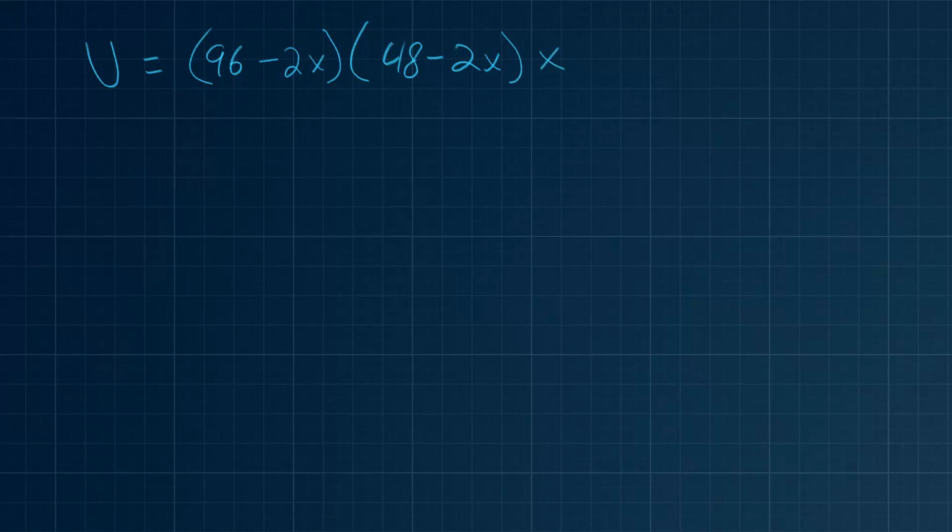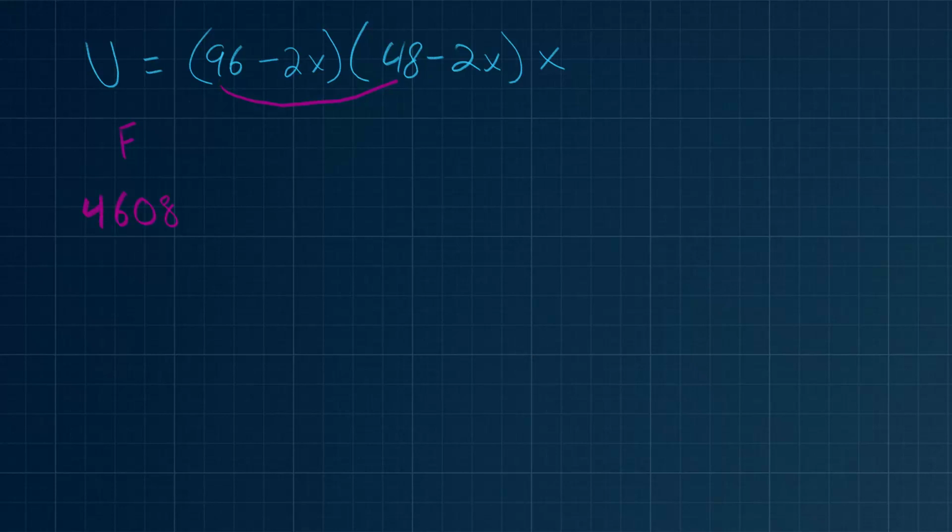Now that we have our length, width, and height formulas, we can put them together into a volume equation, use calculus, and maximize it. So volume is equal to 96 minus 2x times 48 minus 2x times x. Using our FOIL method, we get the first terms, 96 times 48 is equal to 4,608.